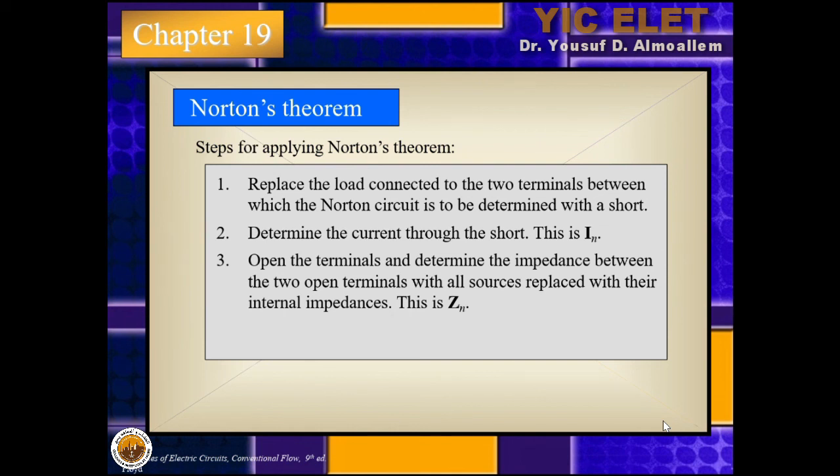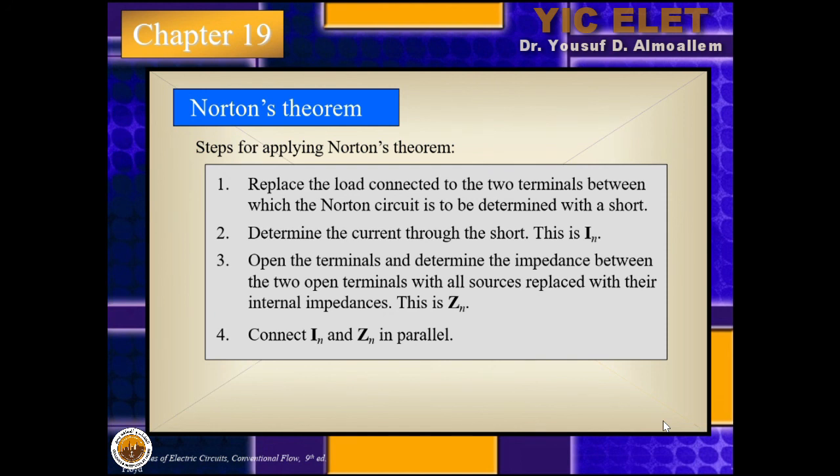Then zeroing all the sources and replace them with their internal impedance. Then try to find out what is the total impedance between the two terminals, and that is the Norton impedance. The last step is you connect IN, the Norton current source, with the ZN, the Norton impedance, in parallel, and that will be constituting the equivalent Norton circuits.